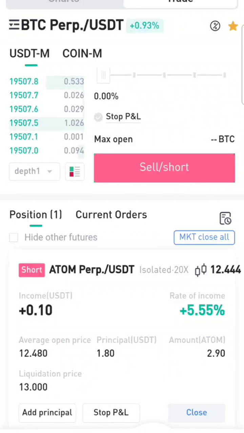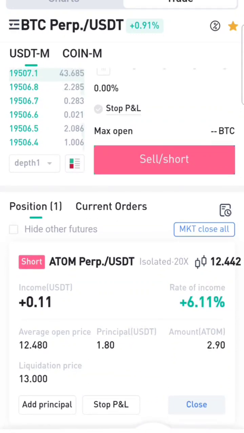As I am cutting, the position size and the principal USDT are also reducing. So even if later this trade starts going against me, I'm not going to lose more money than I have earned. That is why this is very, very important. You understand?